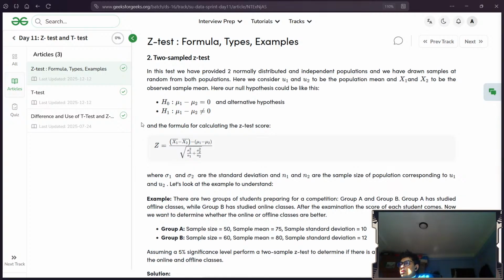Here our null hypothesis could be mu1 minus mu2 equals 0, and alternative hypothesis mu1 minus mu2 is not equal to 0.